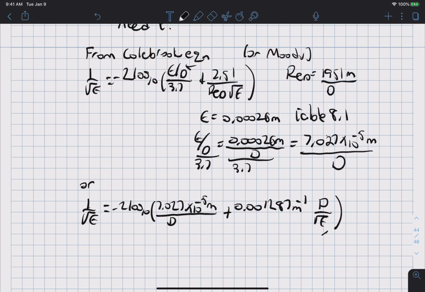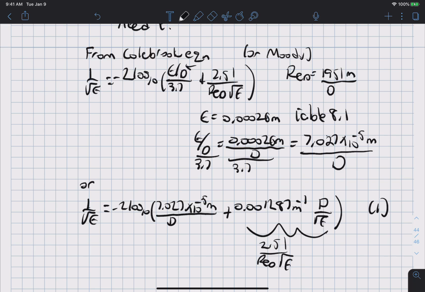This term here is simply 2.51 over Re_D square root of f, and I just punched in the numbers for Re_D for that. This here is equation 1.